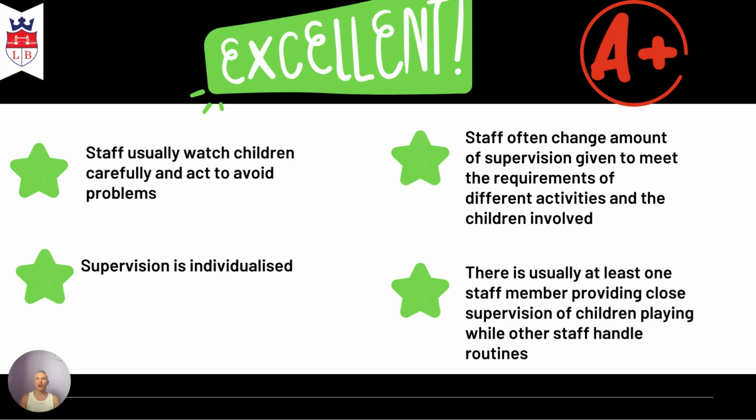If you're doing 3 of these and all of the goods, you're coming out at a rating scale 6. And if you're doing all 4 of these as well as your goods, you're coming out at a rating scale 7. Okay, so staff usually watch children carefully and act in advance to avoid problems.